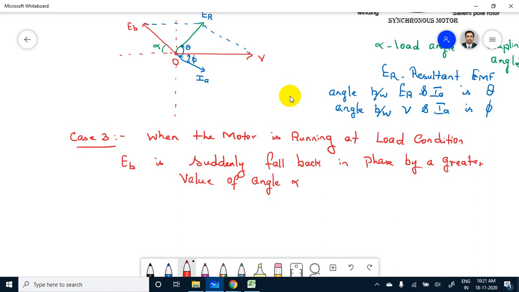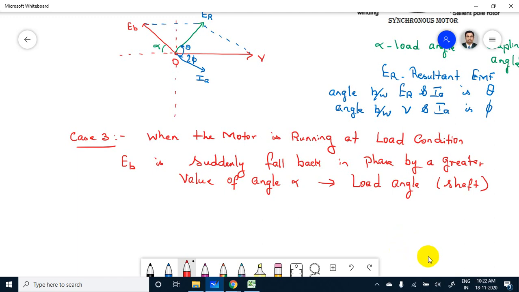This angle is known as the load angle, or we can say it is the coupling angle, because the load angle is measured on the shaft, which is coupled with the shaft. Now by using this above diagram, this EB value will start moving towards this ER.